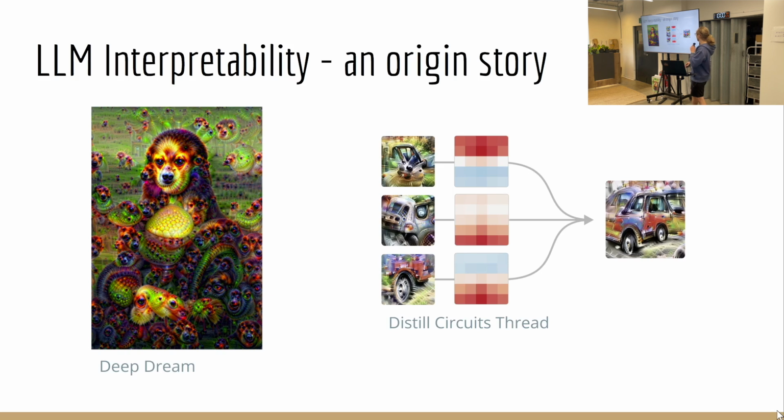So here's a sort of origin story of interpretability for LLMs, back before language models were a thing. Around 2015 or so, there was this project called Deep Dream, where you could take an already existing image classification model. I think off the top of my head they used ImageNet ResNet or something like that.